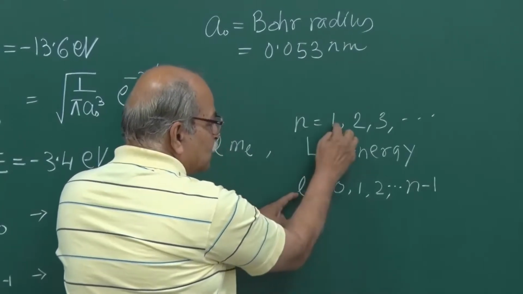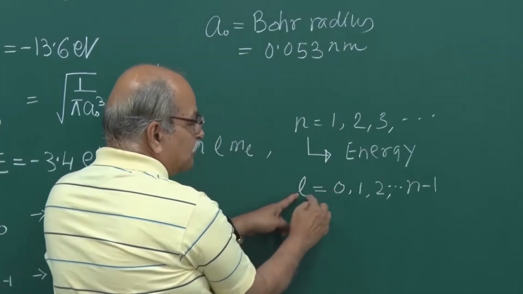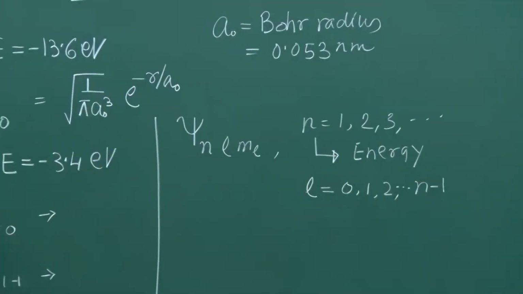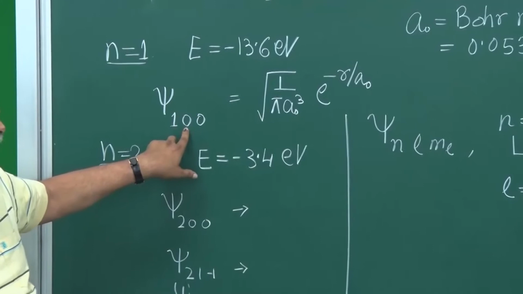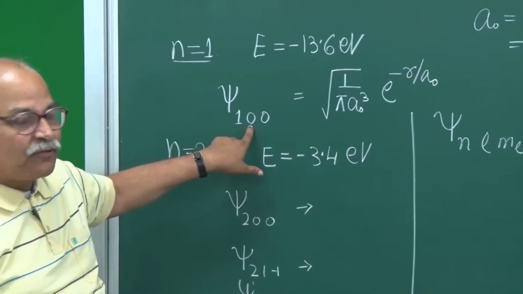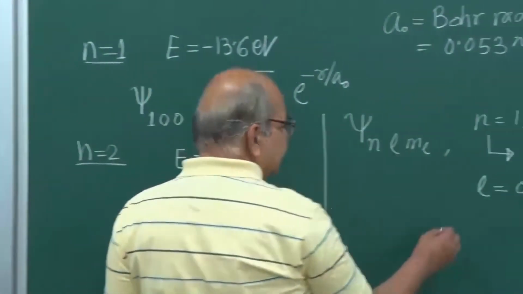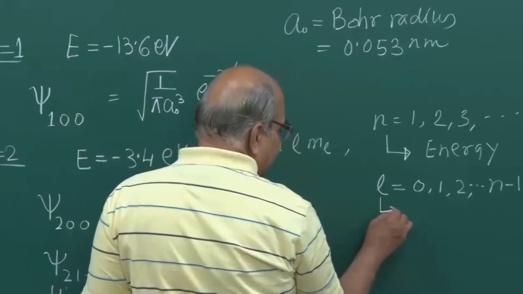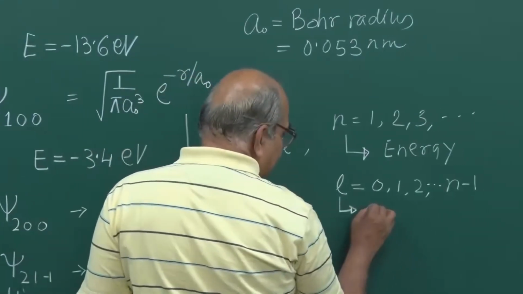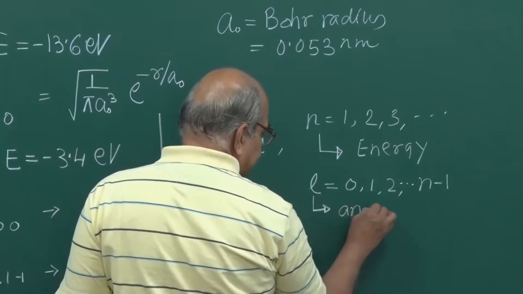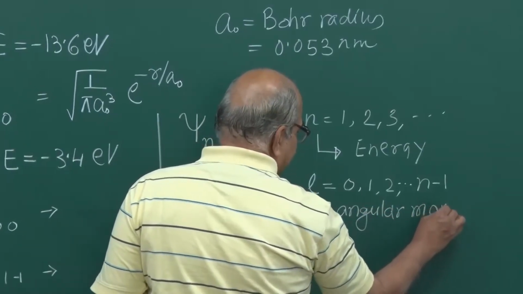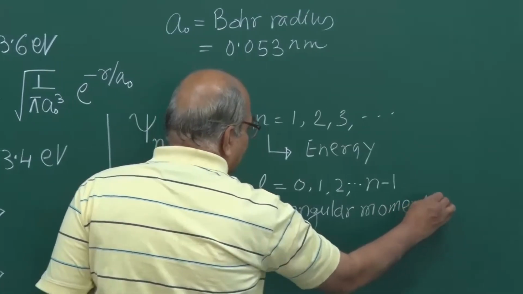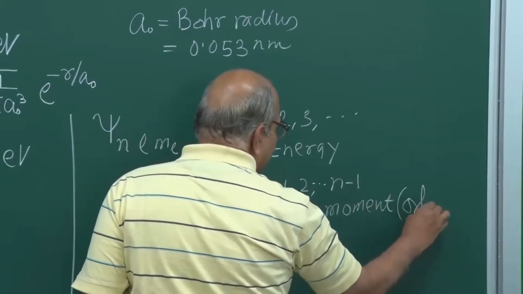For n equal to 1, the only possible value of L is 0. This L is related to angular momentum, and in fact we call it orbital angular momentum.